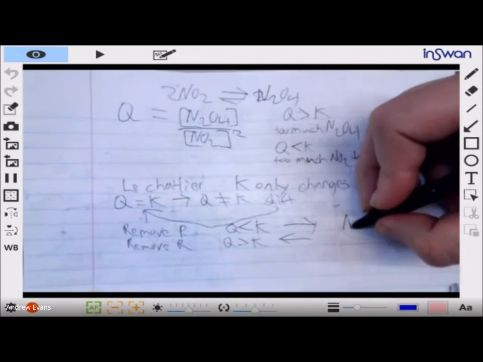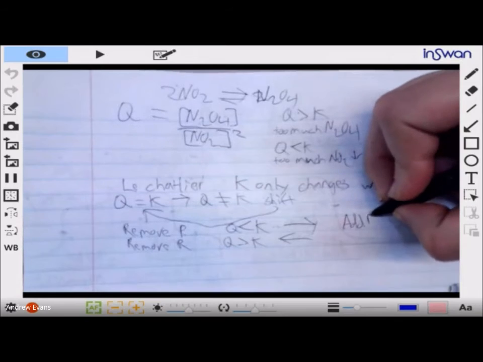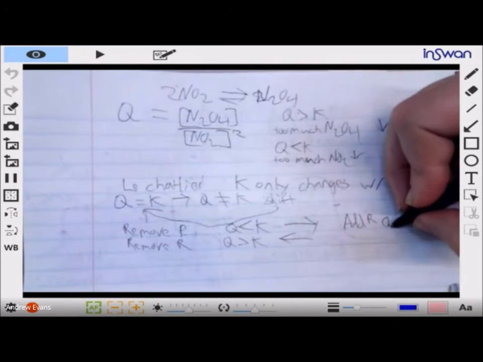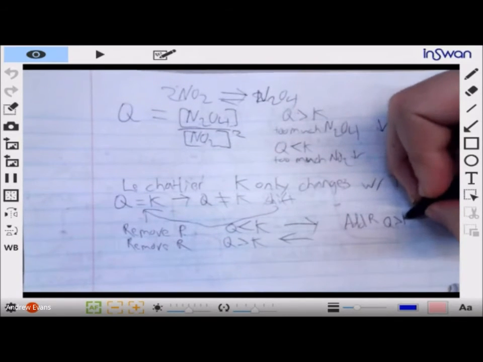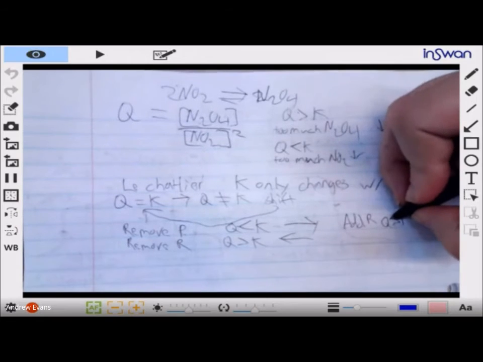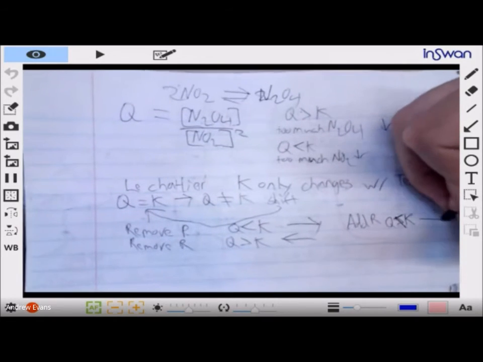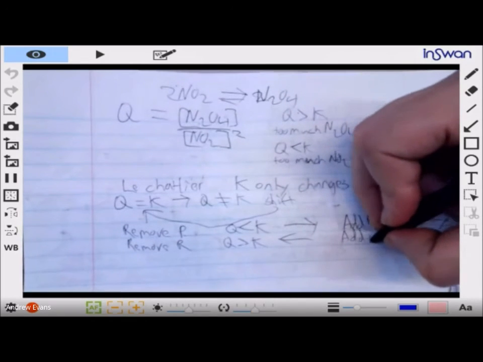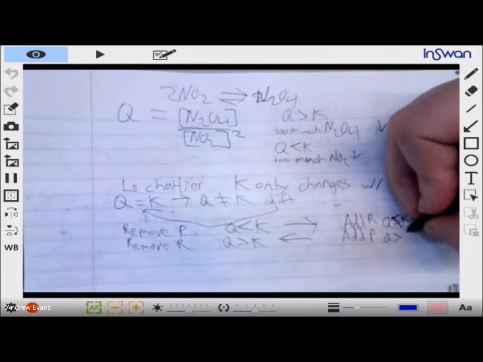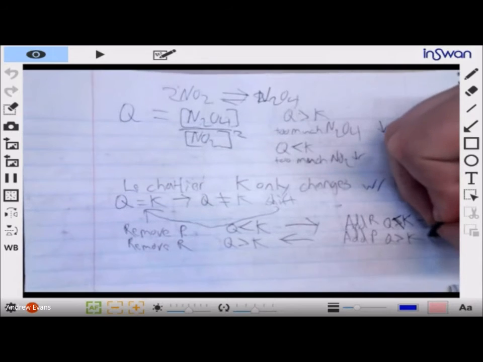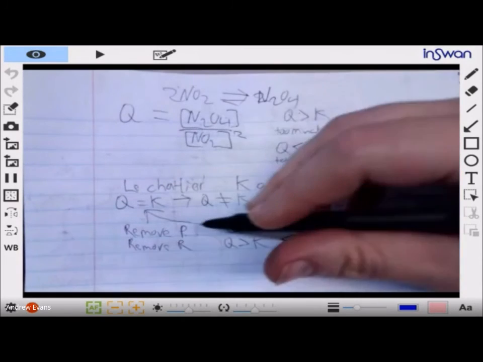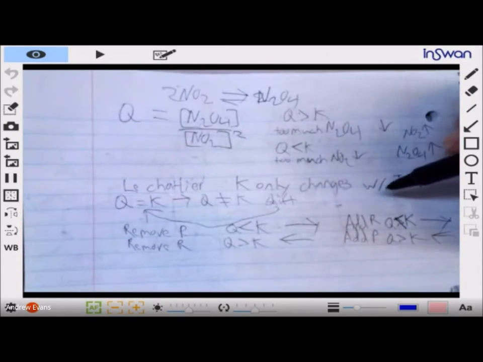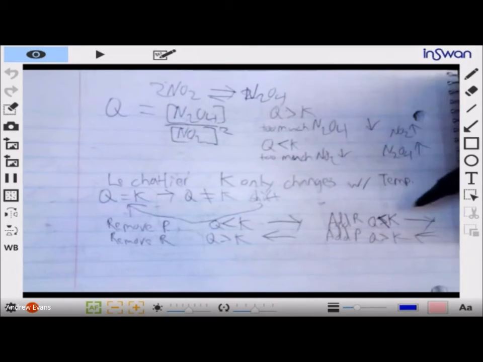If we add a reactant, Q is less than K, and so it has to shift to the right. If we add a product, Q is greater than K, and it has to shift back to the left. It shifts to replace the removal. It shifts away to remove the addition.